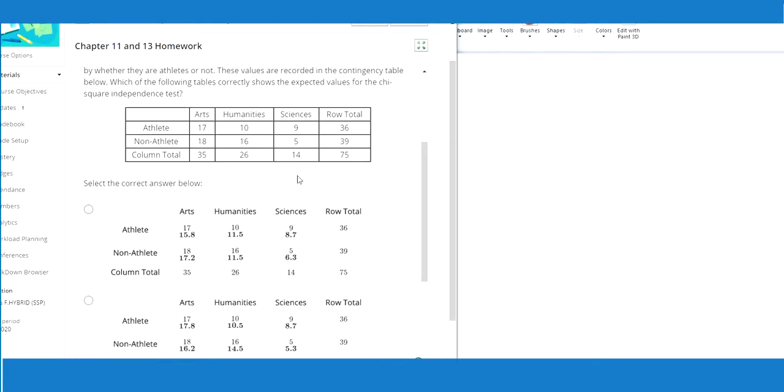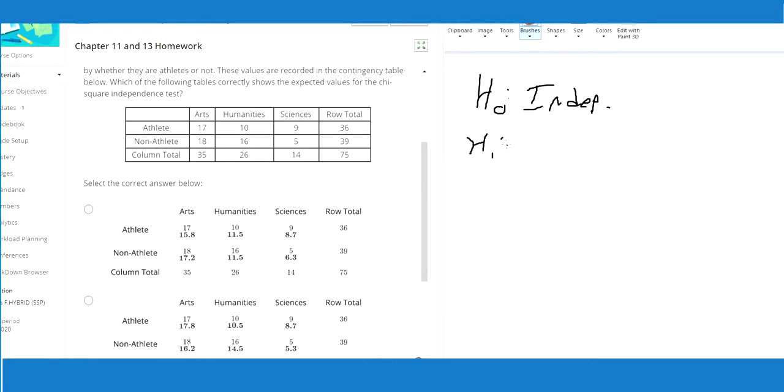So the way you do it is you find the probability, assuming that they're independent of each other. We start off with this null hypothesis of independence, and then later on we'll calculate a test statistic to decide whether they are dependent.